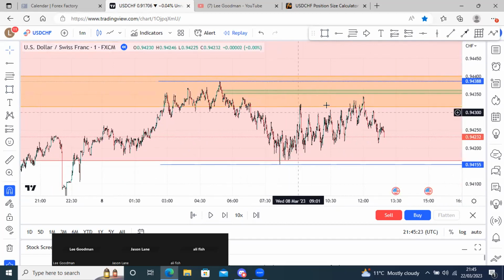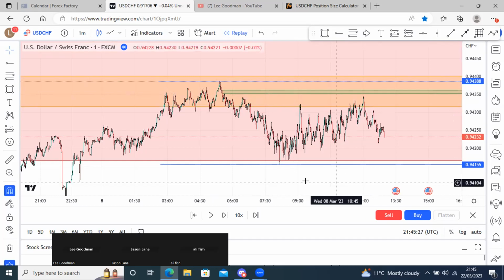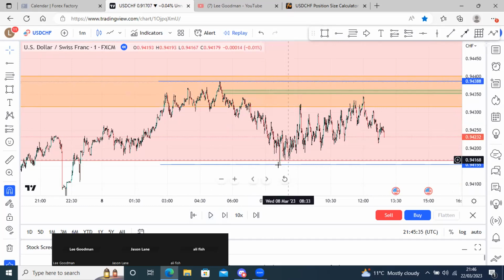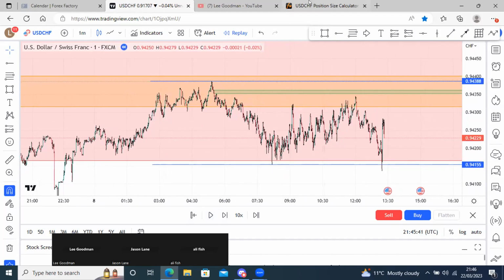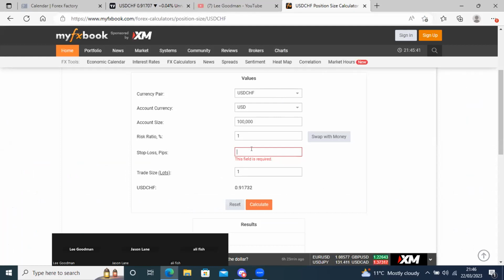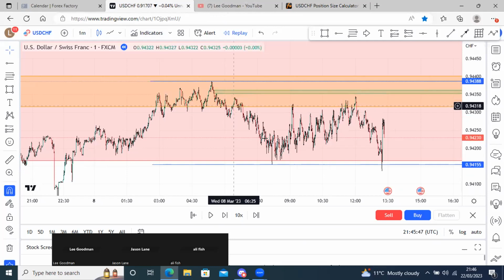Once it breaks a 1 minute structure, I would draw this box, set the pending, because I've had a break on the 50, break on the 1 minute. So I'll wait till it breaks there again, and then I'd literally go to the USDCHF, put in the account details, whatever I'm wanting to do.